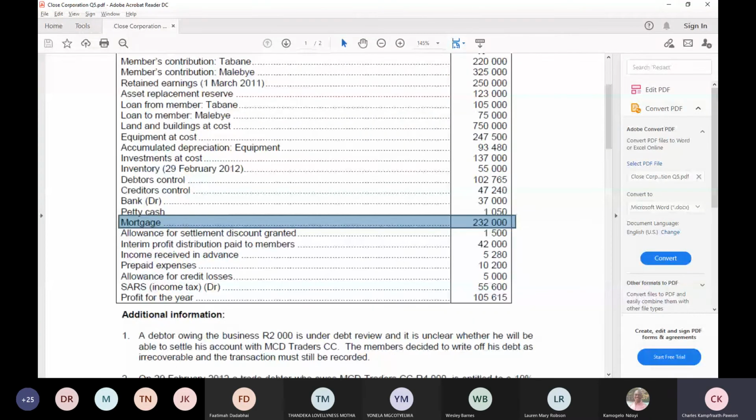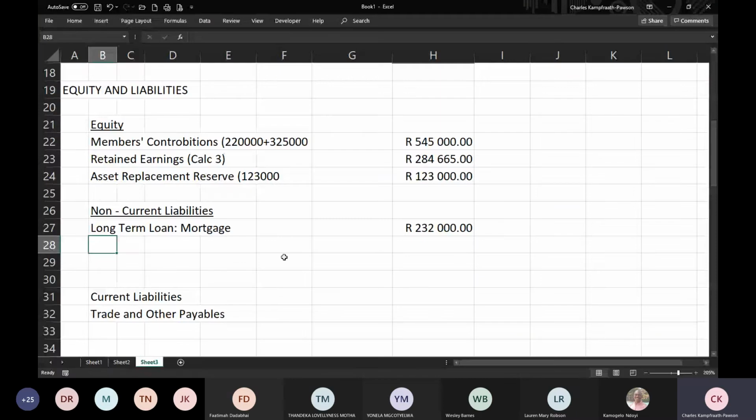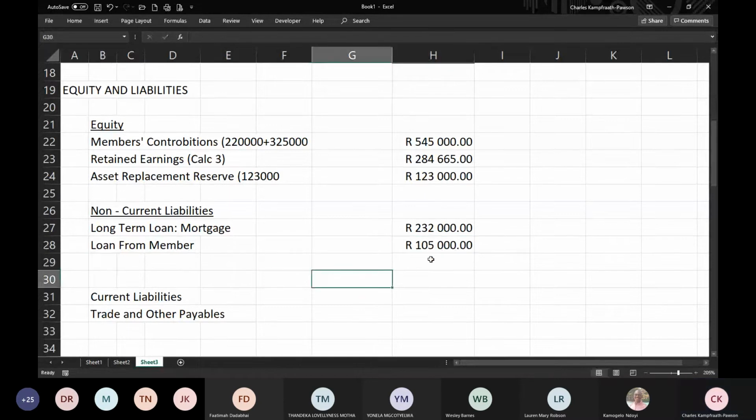And then they said here, there's also the loan from member, and the information did not state that there was any current portion. So loan from member, $105.